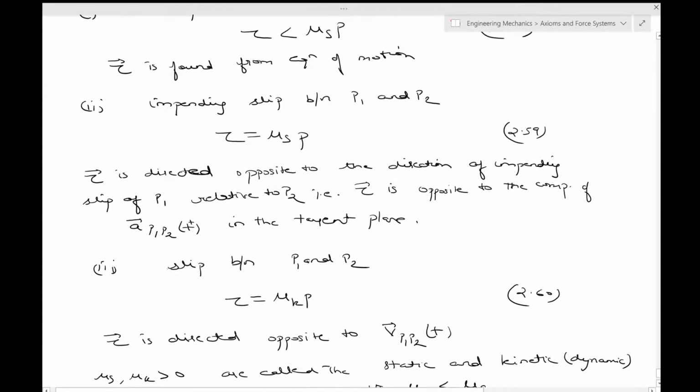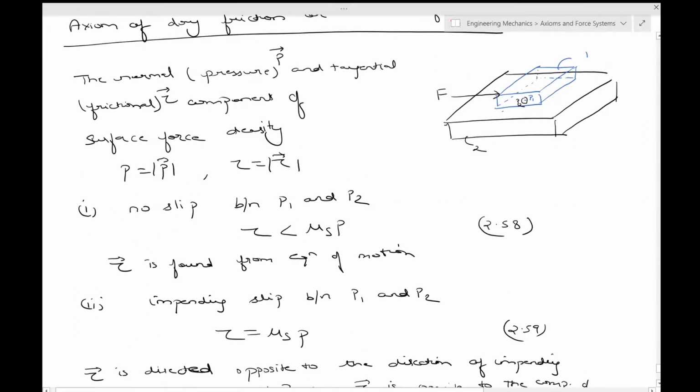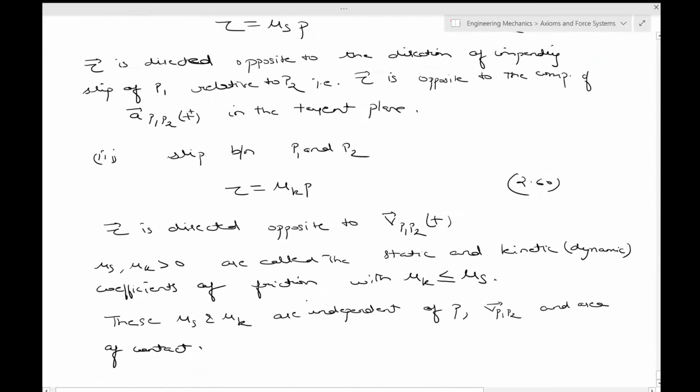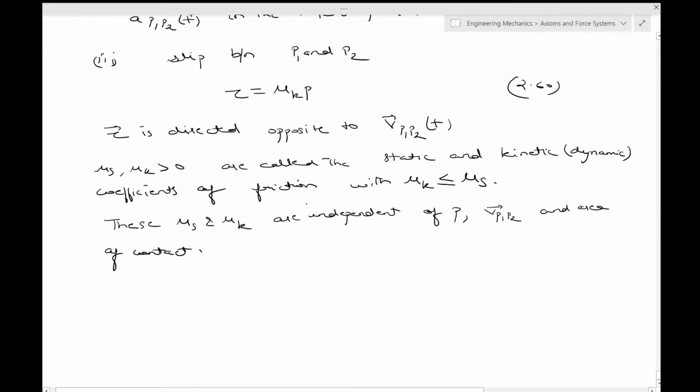Perhaps I should draw this over here. So if I draw this body 1, this point P1 is over here, it will have this component P and it will have this component tau. Okay, for this situation.